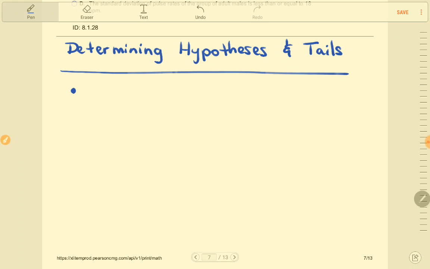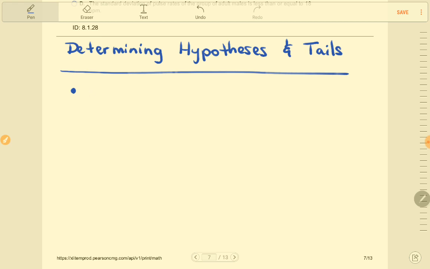a hypothesis test. The first thing is that when we're determining whether we'll have a two-tailed test, a right-tailed test, or a left-tailed test, we will look at the symbol of the alternative hypothesis. Right?